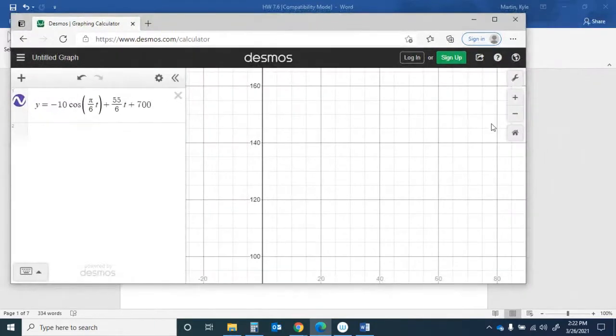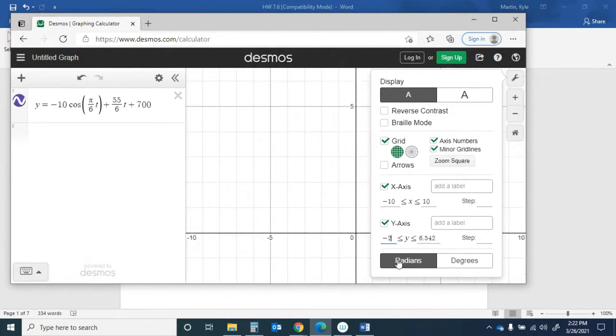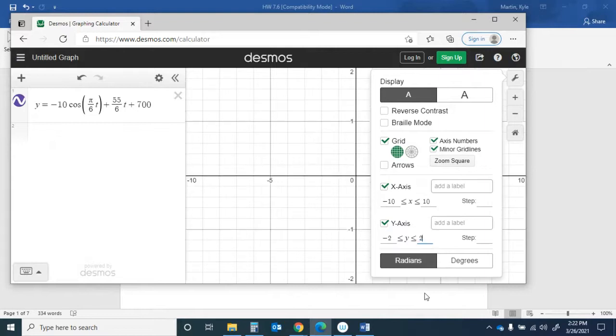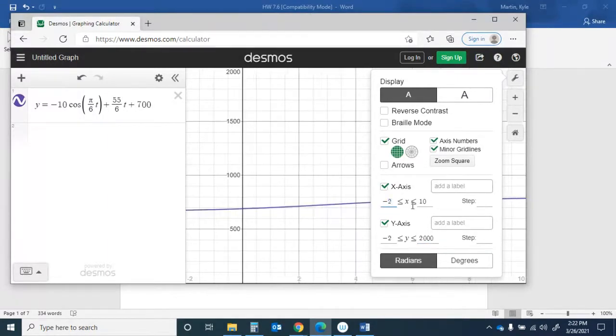Let's do 2 things. Let's get us a scale on the y-axis that we can actually work with here. So, -2 to 2000. And let's go very far to the left, and then we're going months. This is t in terms of months.